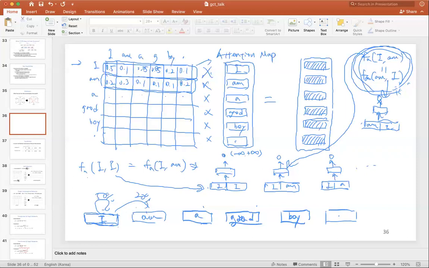You are reusing the token embeddings, the token representations, and directly putting them through this attention function. If you do this, there's no way you can escape this commutative destiny.